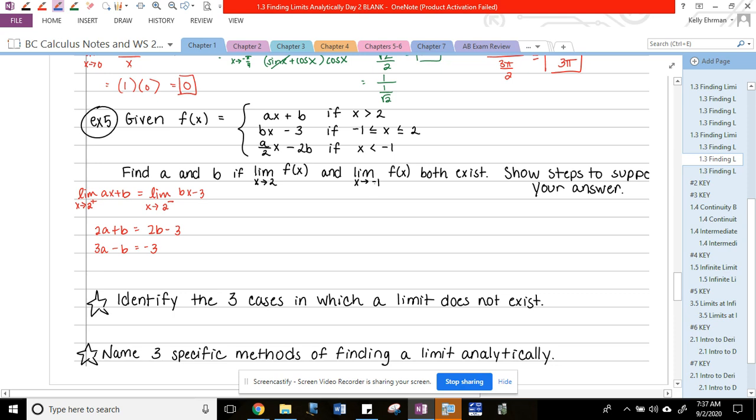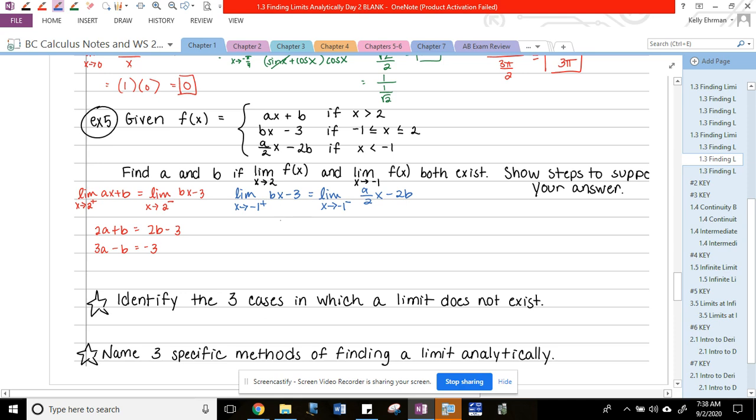So the limit as x approaches negative 1 of f of x exists. So let's start that. The limit as x approaches negative 1 from the right of bx minus 3 has to equal the limit as x approaches negative 1 from the left of a over 2x minus 2b.